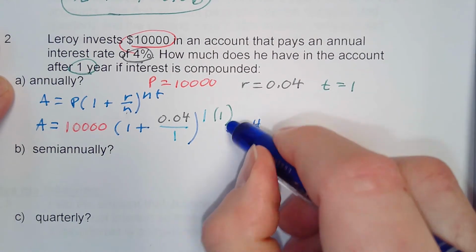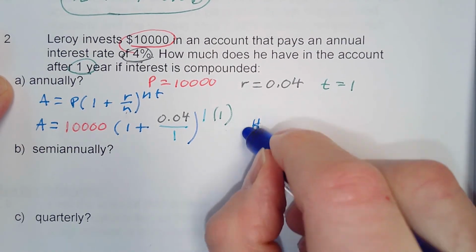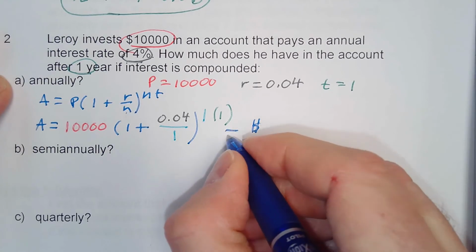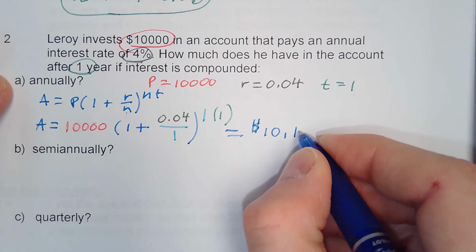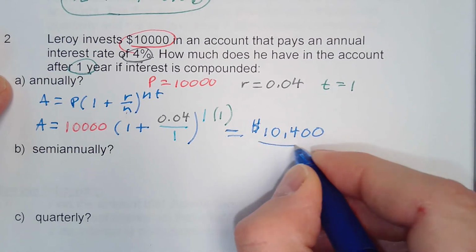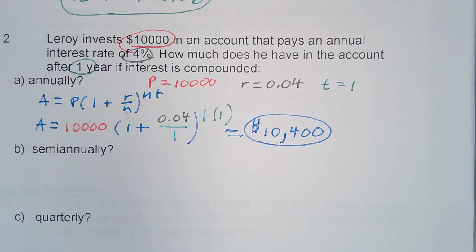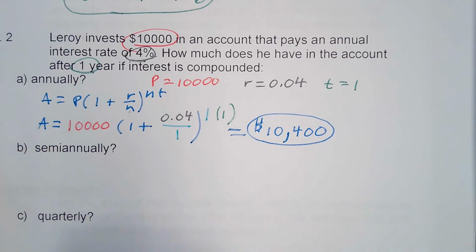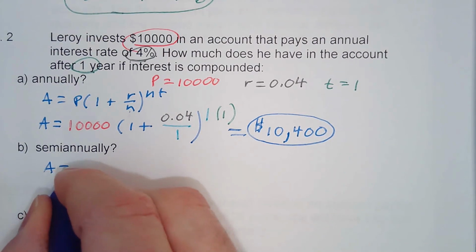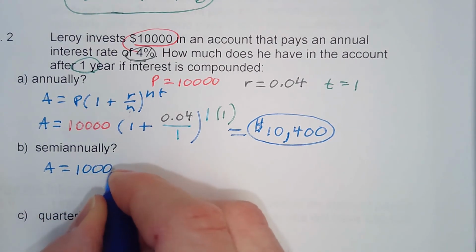There's actually no rounding there. I could just put a plain equals here.